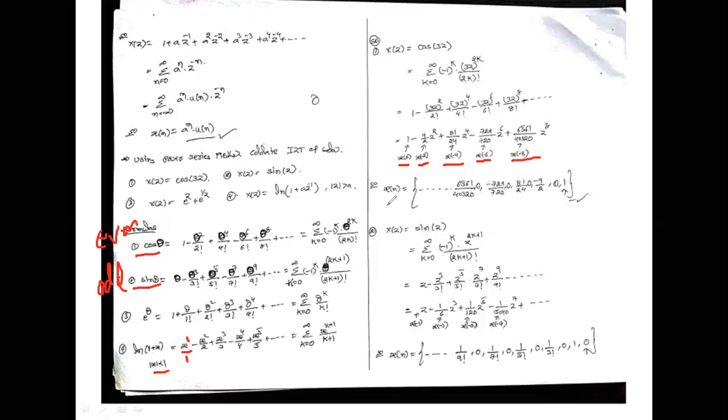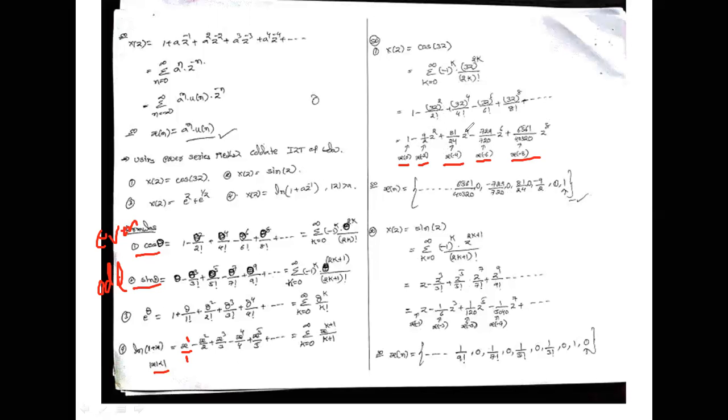Now the sequence is x of n equal to, alternately you'll get 0, 0, 0, and so on, and 1 here. And the next value is 0. And 9 by 2, because 3 square by 2 is 9 by 2.